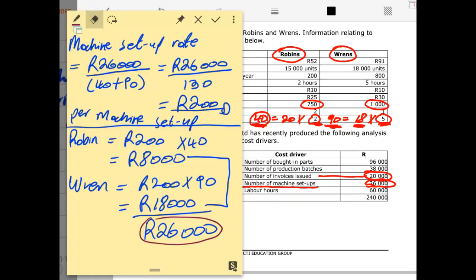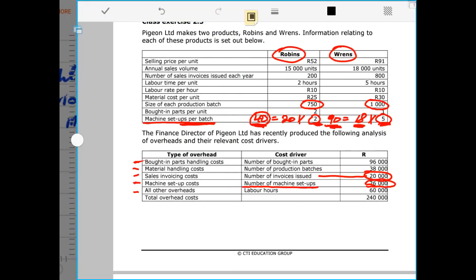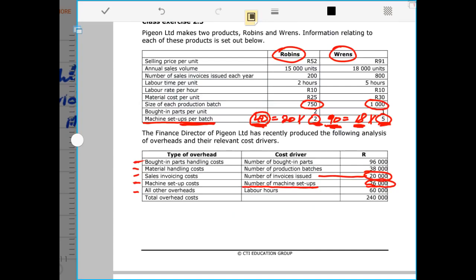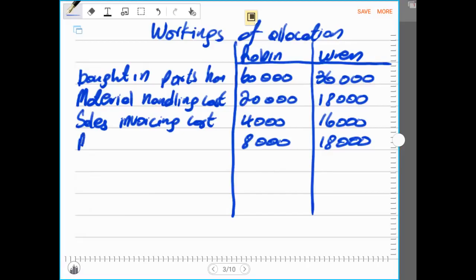So now let us record that in our workings. 8,000 and 18,000, and that overhead is machine setup costs.